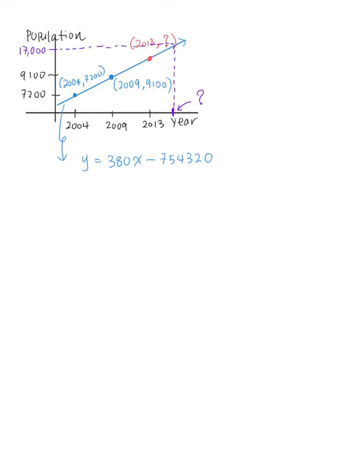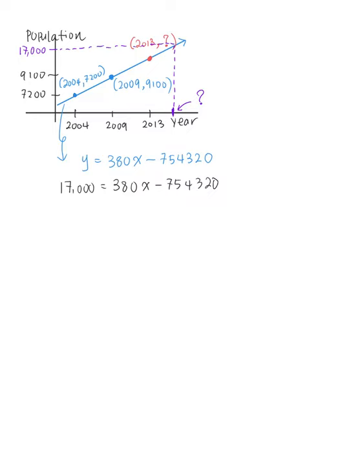What I did here was copy and paste the picture that we drew along with the equation of that line that we came up with. So when y is 17,000, what is the corresponding x value? From here, all we need to do is solve for x.